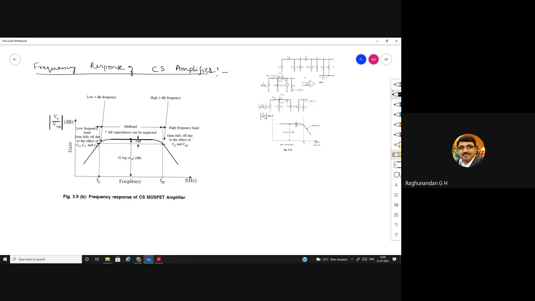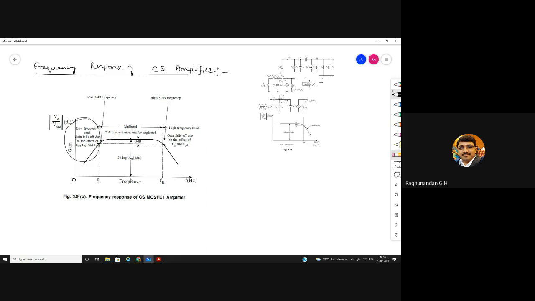Now in the frequency response of the CS amplifier, you should remember that the gain is lesser in the range 0 to FL. The gain is slowly increasing, but it is not maximum, because here the gain suffers the effect of the coupling capacitance and the bypass or source capacitance: CC1, CC2 and CS.